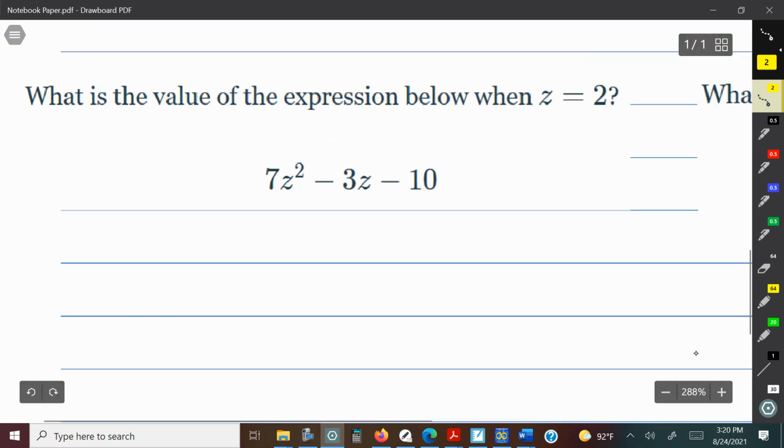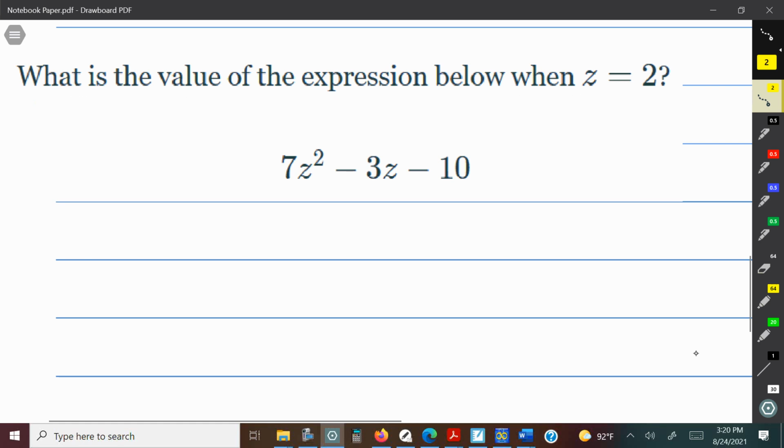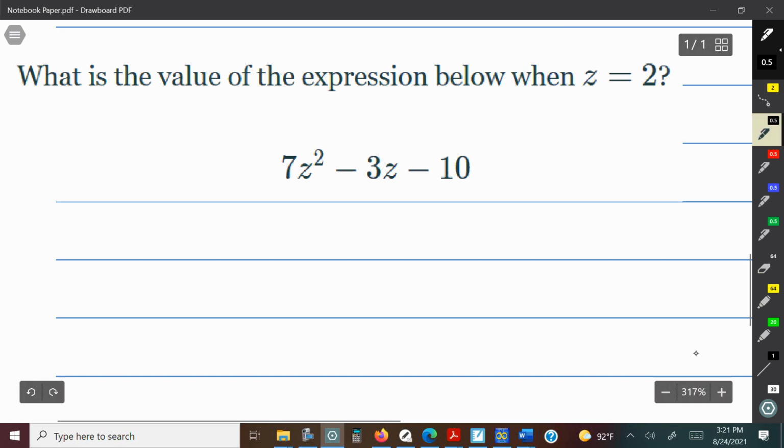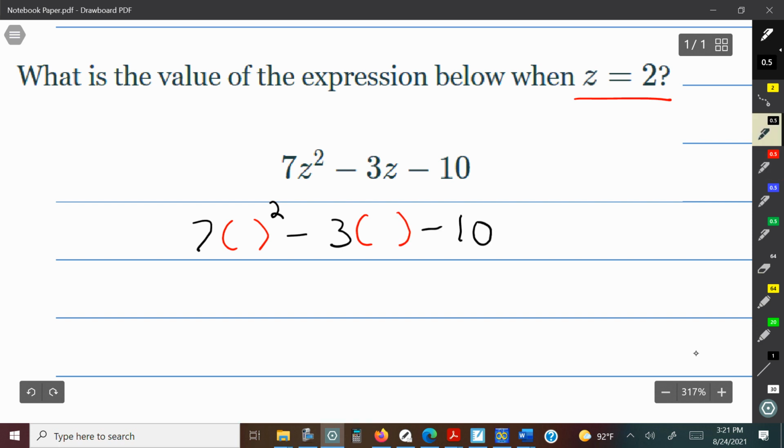All right, so on this one, we've got an exponent, and I'm gonna go ahead and change colors, but I'm just gonna use red for z here. All right, and I'm gonna have 7 times parentheses squared minus 3 times parentheses minus 10.